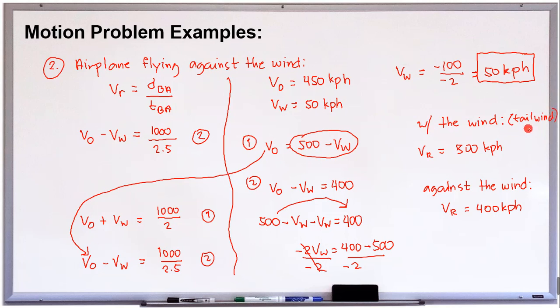So the wind blows from the rear part of the plane towards the front. But if we travel against the wind, we call that one the headwind. So the wind comes from the front of the airplane. So if that is the case, then the velocity of the plane reduces from 450 to 400 kilometers per hour.